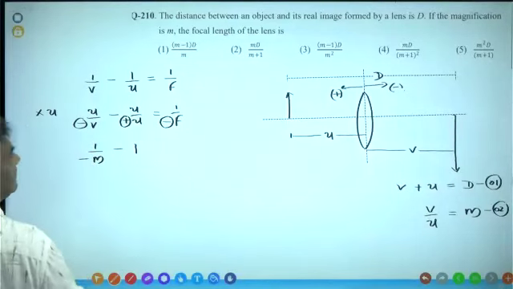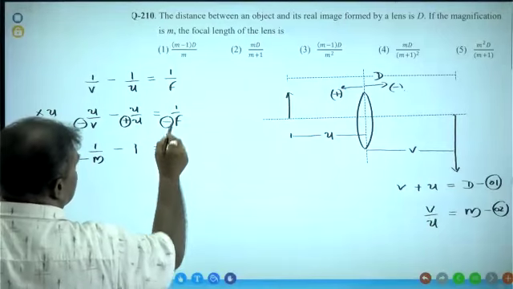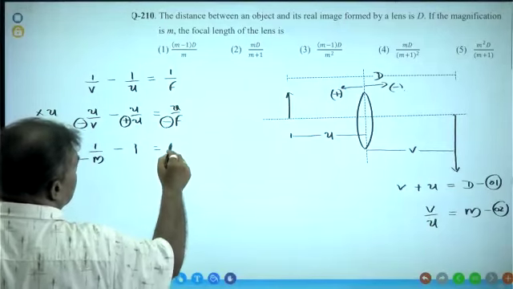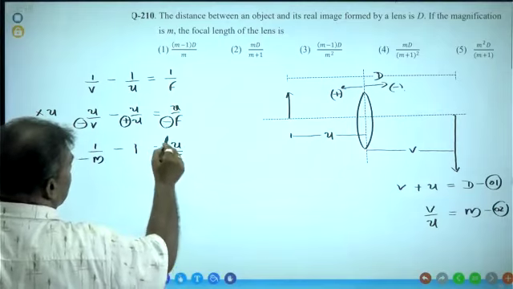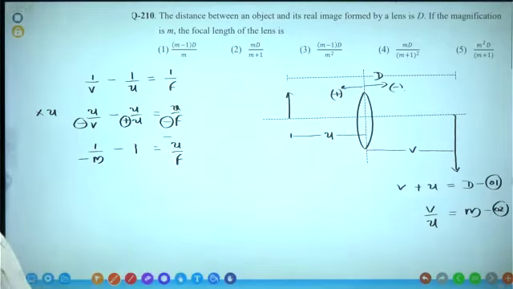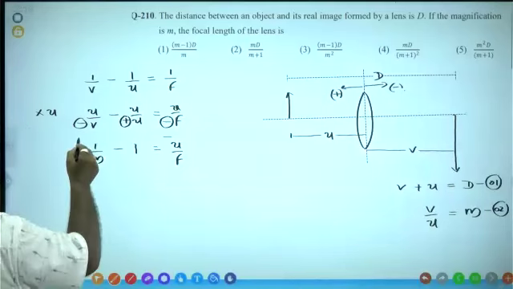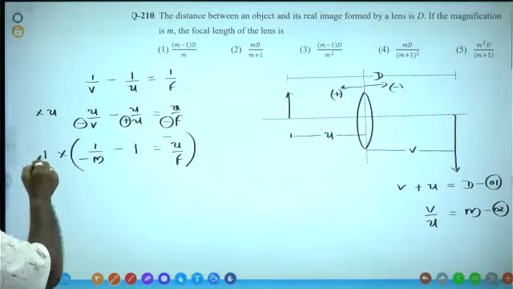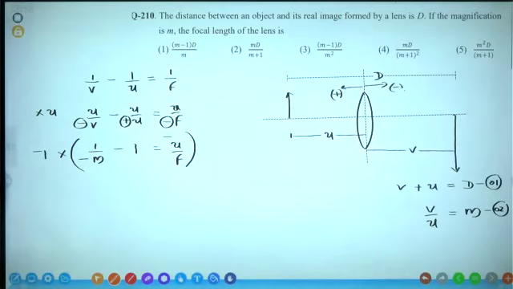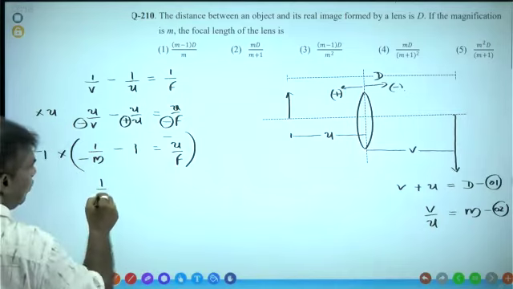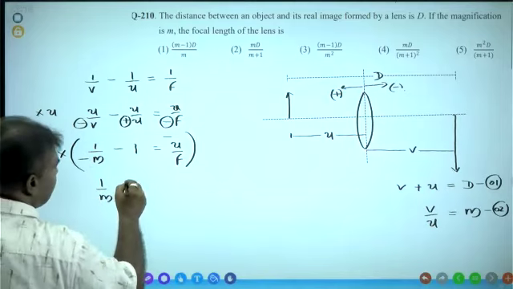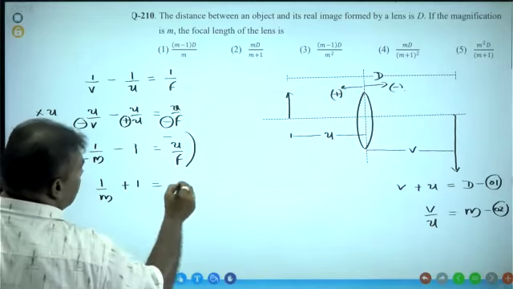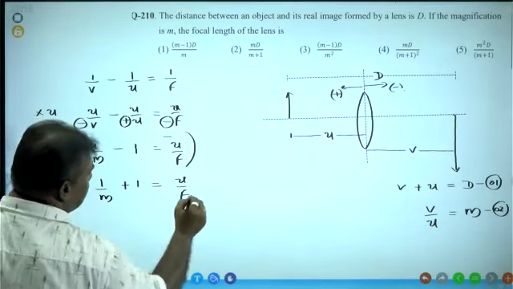This becomes minus, and this one is also U over F, also minus. Multiply this whole equation by minus. Simplification: minus 1, right? Then we have 1 over M plus 1 equal U over F, right?